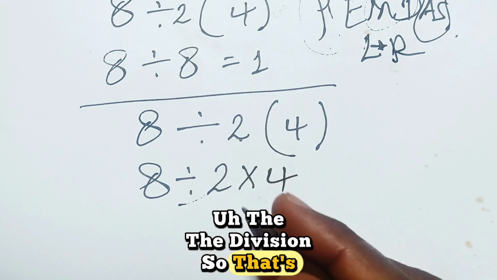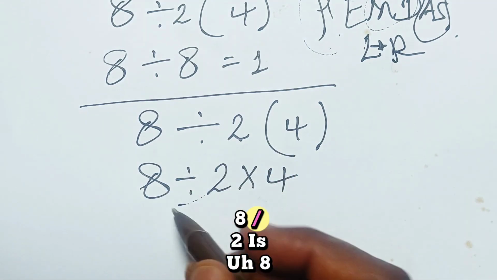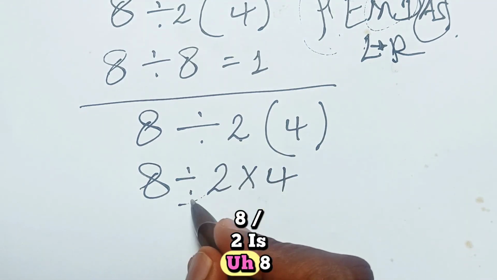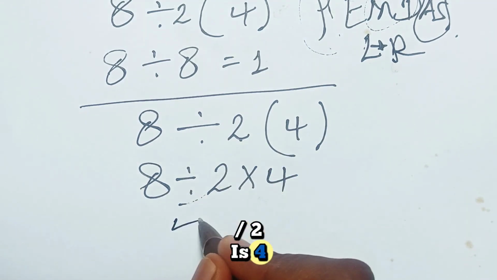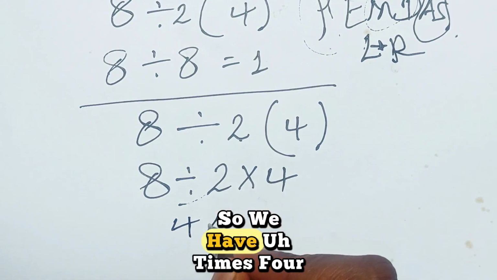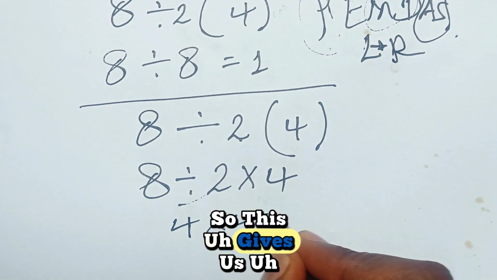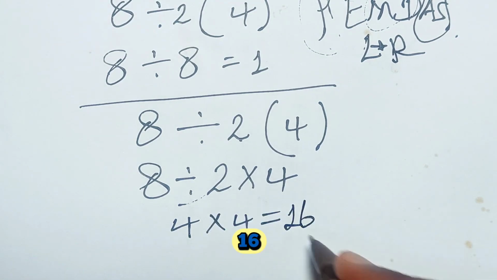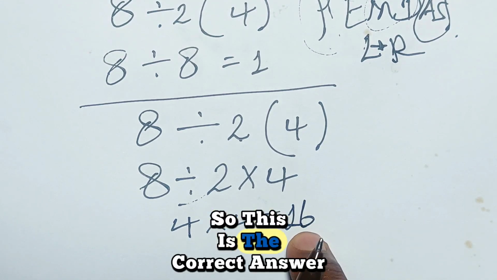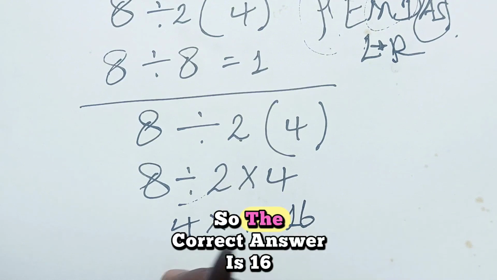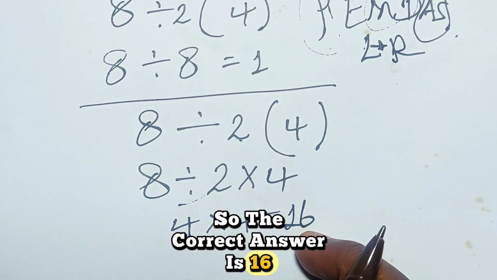So 8 divided by 2 is 4. So we have times 4. So this gives us 16. So this is the correct answer. So the correct answer is 16.